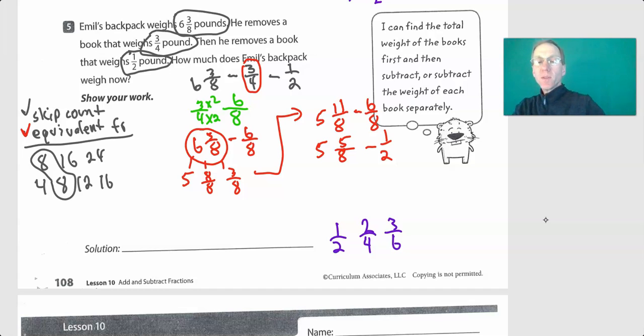That's 1. Here, 4 parts, I want half of them. That's 2. 6 parts, half of them, that's 3. 8 parts, half of them, that's 4. So this really just can become 4/8. And now we can do it. I still have 5 wholes. And then 5/8 minus 4/8 is 1/8.